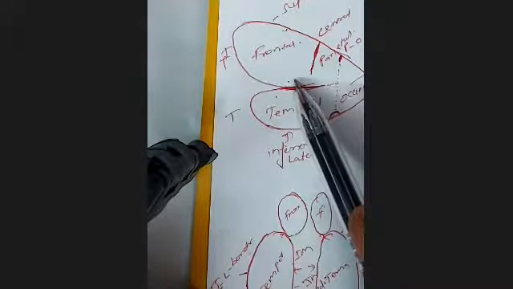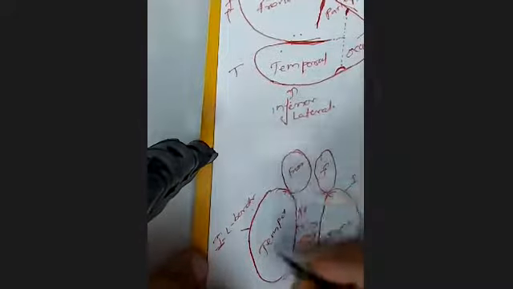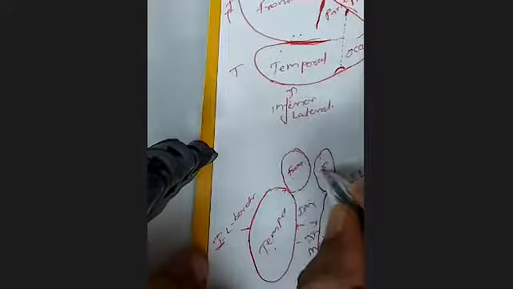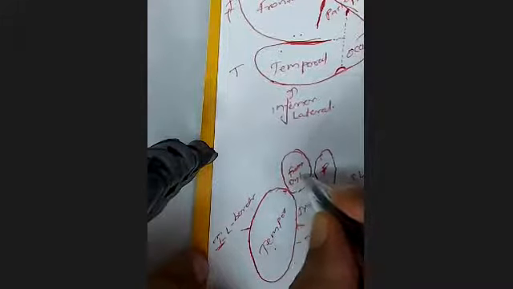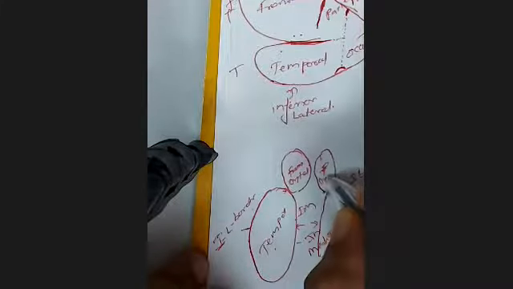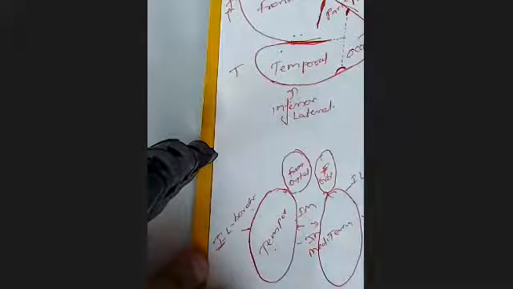Surfaces: superolateral surface and inferior surface. The inferior surface again has two parts, temporal and orbital. And then there is one more surface, called the medial surface.